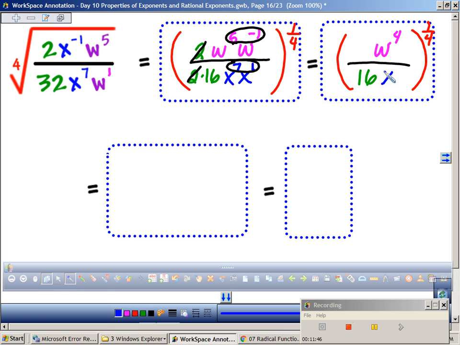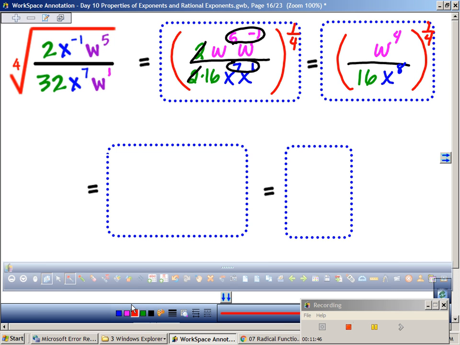Sorry, 8. 7 and 1 make 8. This became negative when it came up to the numerator. Yes, you move the smaller one. We are right now. I'm not done yet.